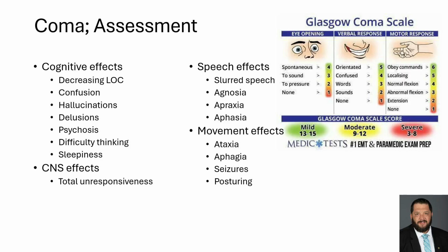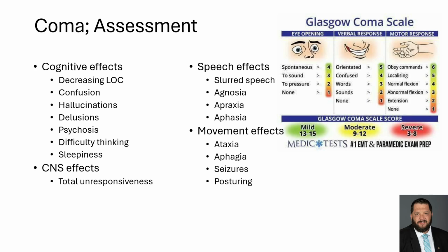For verbal response, if they have oriented conversation, in other words, they are engaging, they sound normal, the words are articulated correctly or at a normal baseline for that patient, that would be 5. If the patient is providing confused words, so perhaps there is some disorientation there, they would receive a 4.